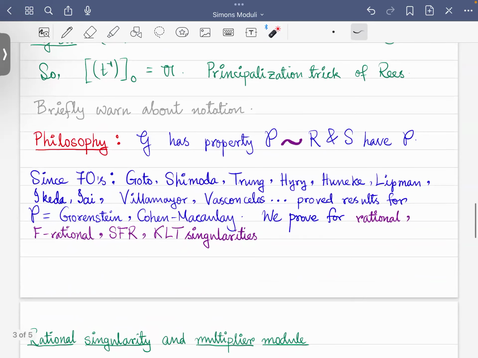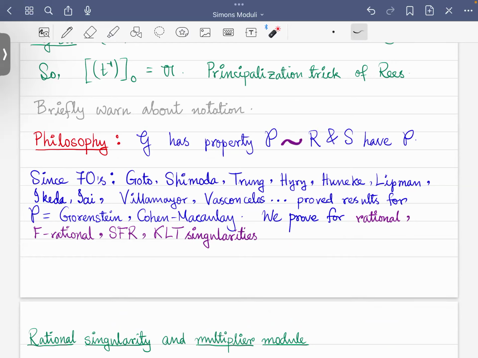Okay, now here is the philosophy. The philosophy is that G having a property P is very tightly related to R, the base ring, and the Rees algebra S having the same property P. Since the 1970s, commutative algebraists and algebraic geometers, including Goto, Shimoda, Trung, Huneke, Lipman, Ikeda, Yoshida, Vasconcelos, etc., proved results for P equal to Gorenstein or Cohen-Macaulay, and they were in various cases, like first for maximal ideals, then of height greater than or equal to 2, complete intersections, that kind of thing.